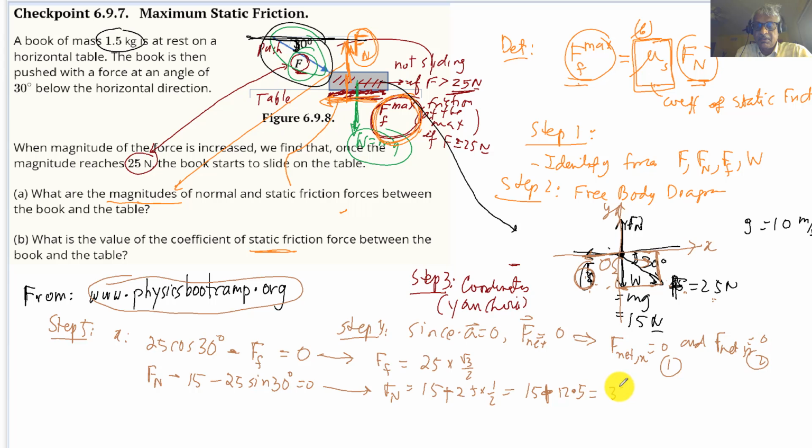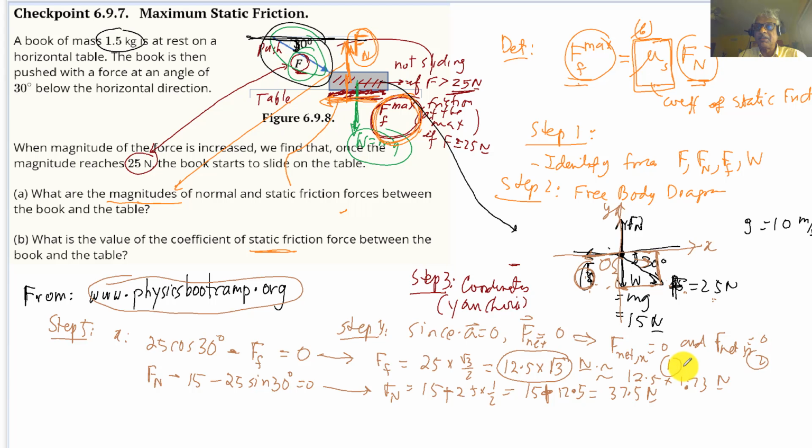So F_N is 37.5 Newton, and this would be 12.5 times square root of 3 Newtons. So we can actually use a calculator to complete this product, which is approximately 12.5 times 1.73 Newton.